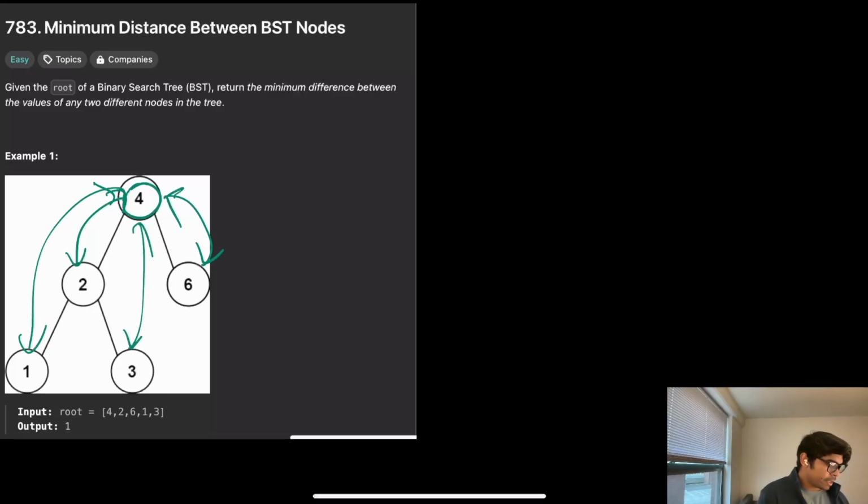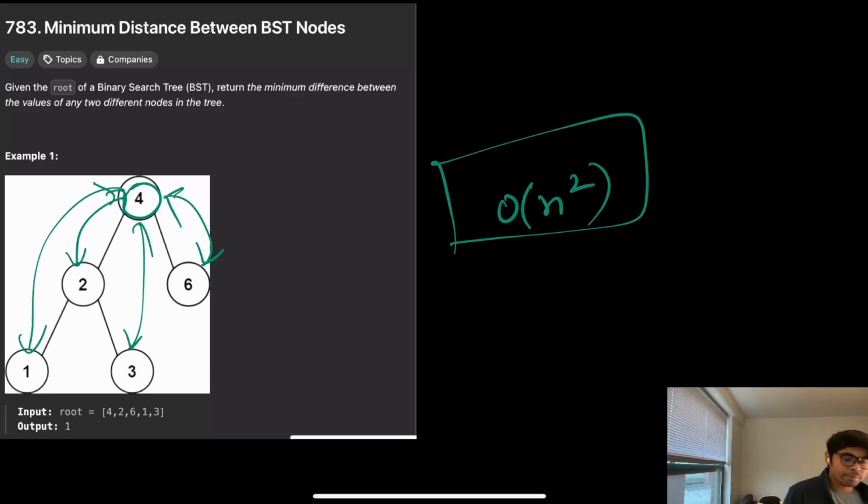So that will take O(n²) time complexity, and that's the brute force approach. Apply any of the traversal methods here and then compare that node's value with every other node value. You can even store that in an array and then compare using the array values.